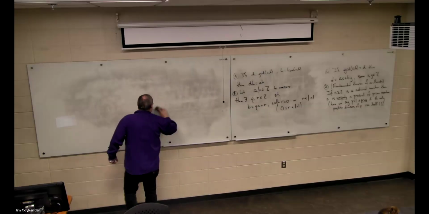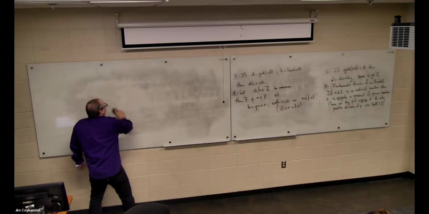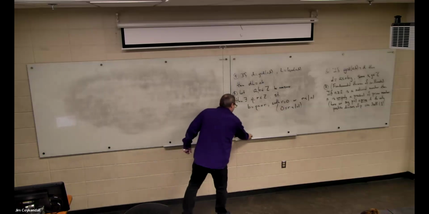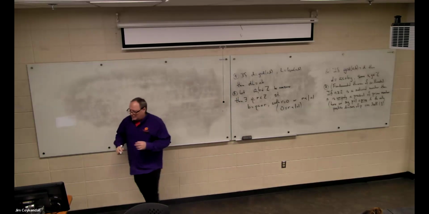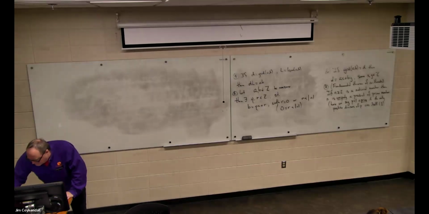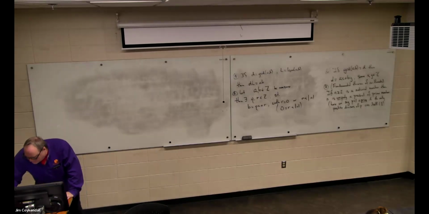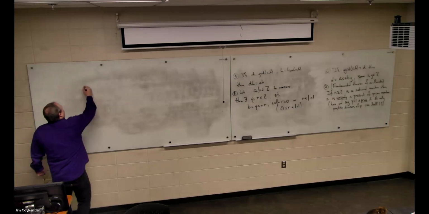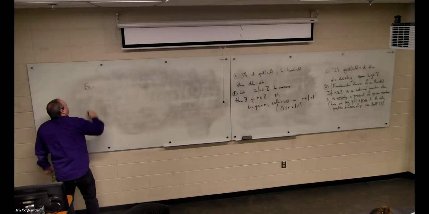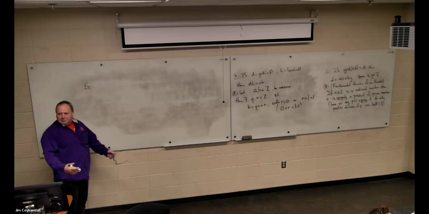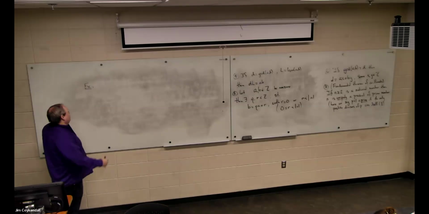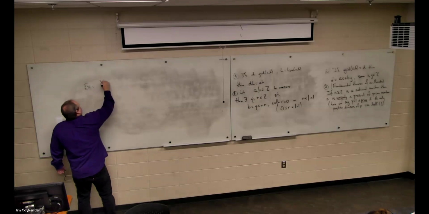And hopefully what I'm going to do in this example will help you with the homework problem we talked about, Chinese remainder. So here's my example. Hopefully this illustrates the historic place where this comes from.